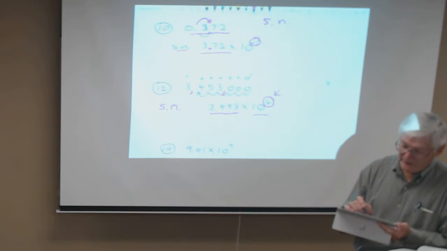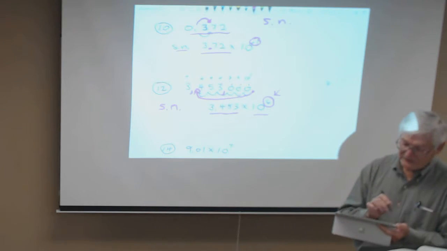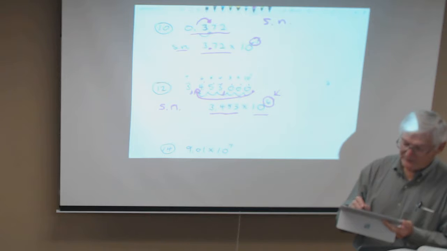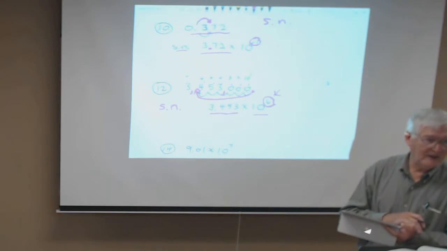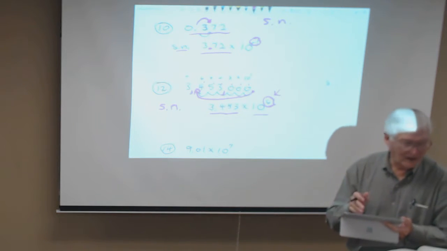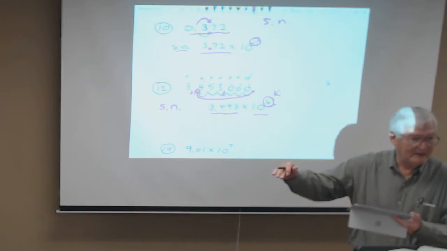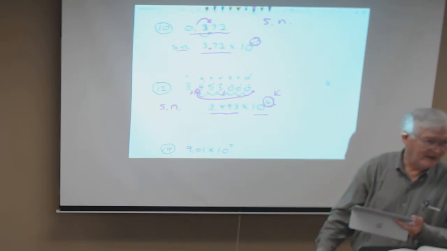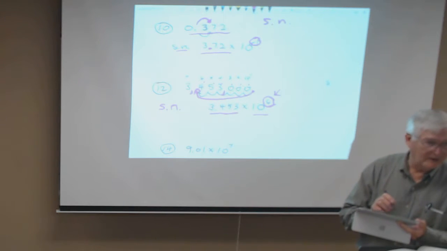Well, where's the decimal point now? Here. How far did I move it to move it clear over to here? 1, 2, 3, 4, 5, 6. I moved it 6 places to the left, so I put a 6 as the exponent for 10. Follow the rationale? When I move it to the left, it's going to be a positive exponent. When I move it to the right, it's going to be a negative exponent, when I move the decimal point to get my number between 1 and 10.